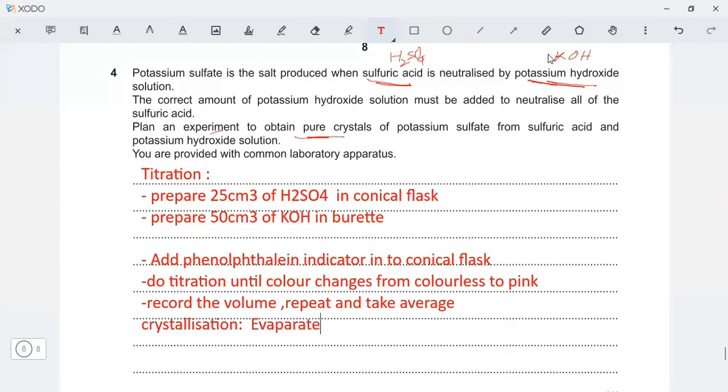Okay, evaporate the neutralized solution until saturated, right? Until saturation point.